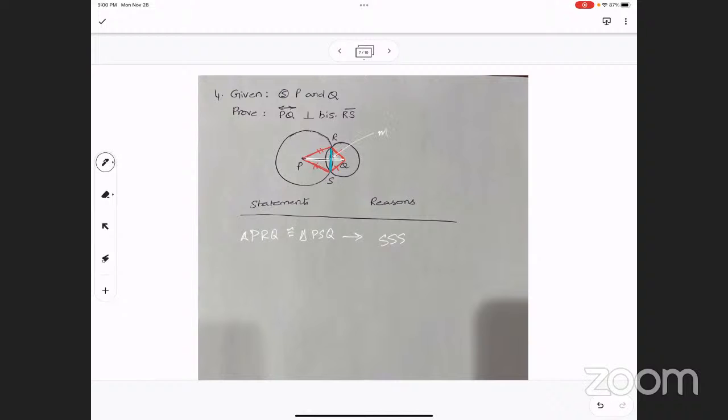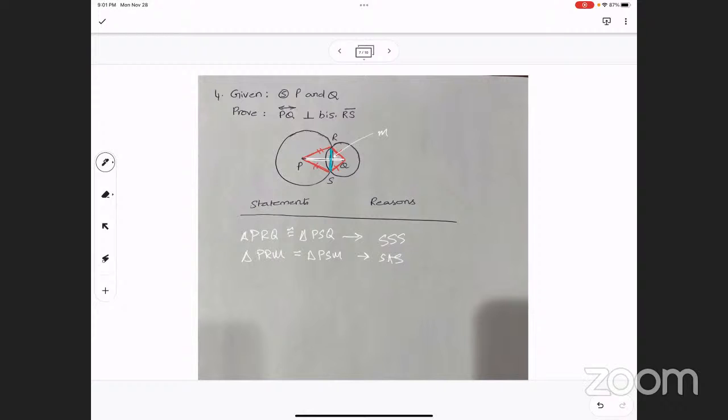So now we say that triangle PRM is congruent to triangle PSM. And the reason for that one, if you look at it here, is you have to prove this side first and this angle first. So now we have side, angle, side. So that one will be side, angle, side.